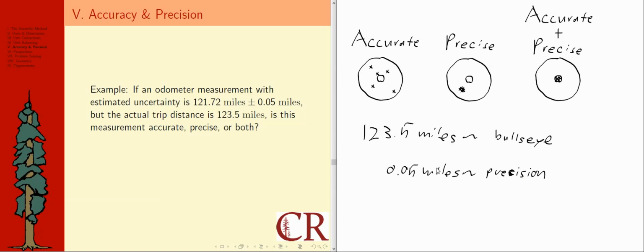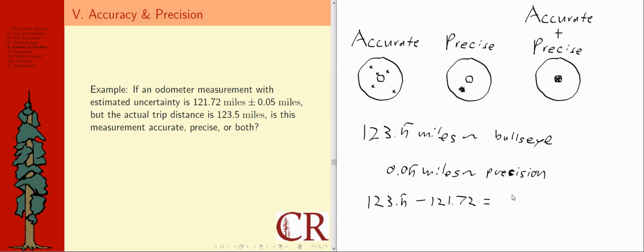Now, what might be the accuracy, sometimes we'll also call this the discrepancy, is the difference between these two numbers. Here's the bullseye, 123.5 is the bullseye. Maybe I can skip writing units for a second if everyone's cool with that. Sometimes that's not cool in physics class, but for this example it's okay. I'm just going to take the difference between these two things.